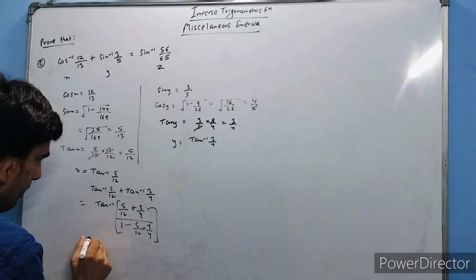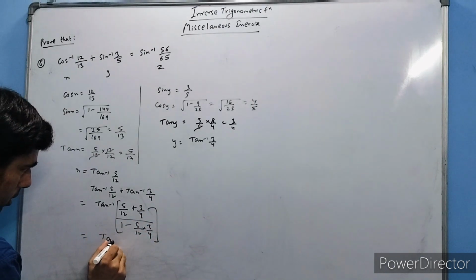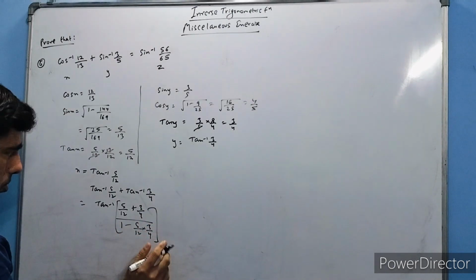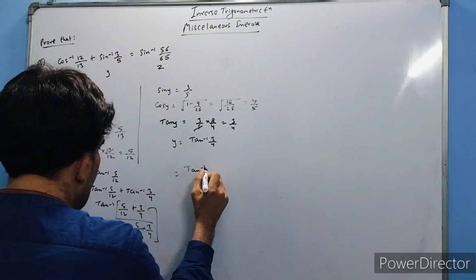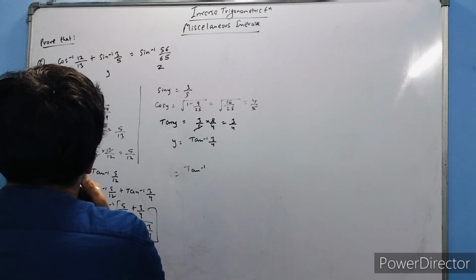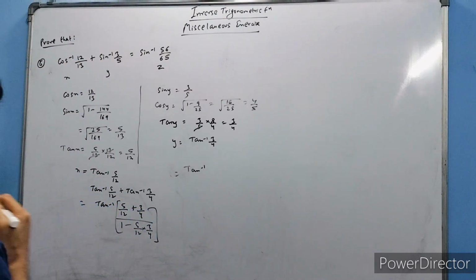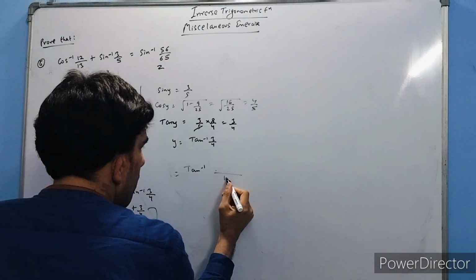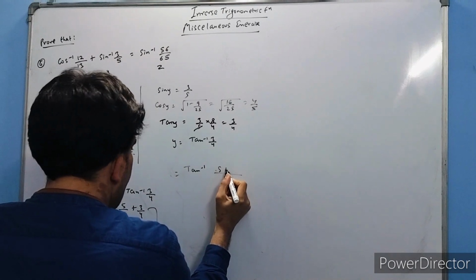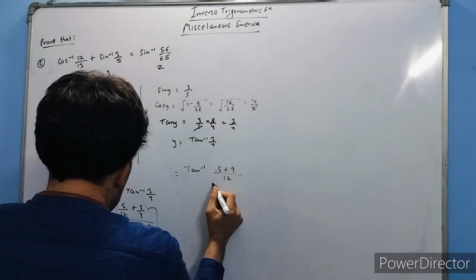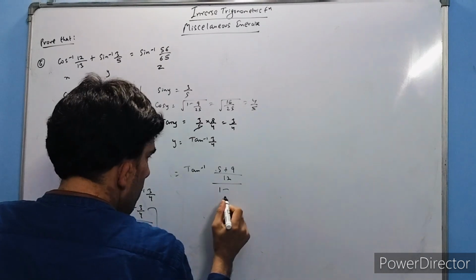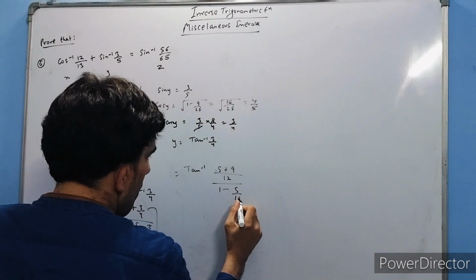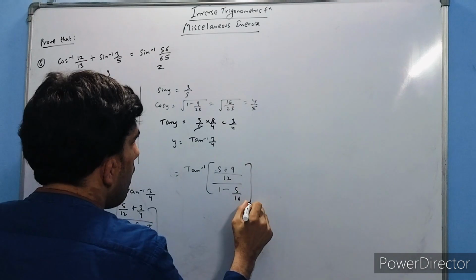So I got this tan inverse. Now we'll try to solve here. If I take the LCM here, it will become 12, 5 plus 9 upon 1 minus 5 upon 16. Similar to the question they have given above also.